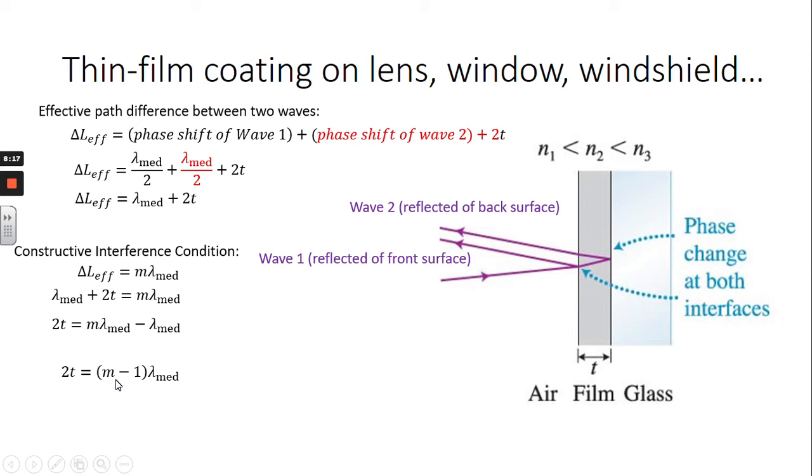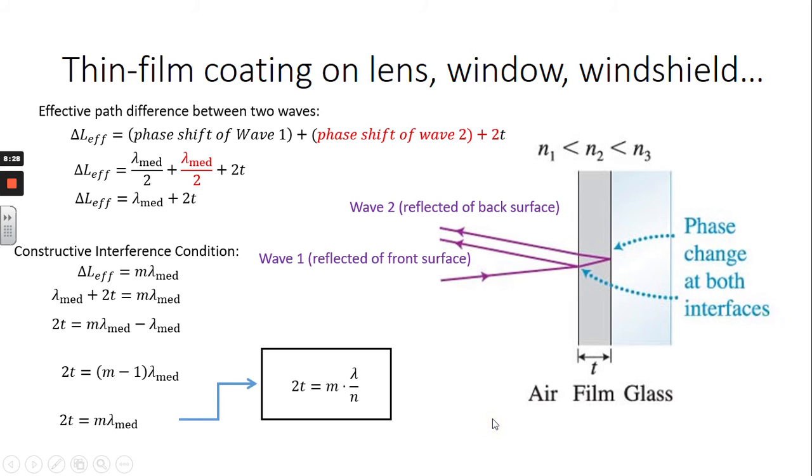But m is any integer, so we can get rid of the minus 1 because that won't change what's in parentheses here since m is arbitrary. And we end up with another relationship for constructive interference. When you're dealing with something like a lens or a window or a windshield, you get constructive interference when twice the thickness is equal to m times the wavelength over the index of refraction.